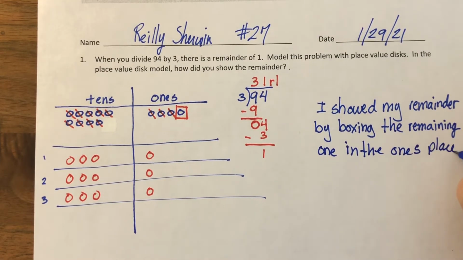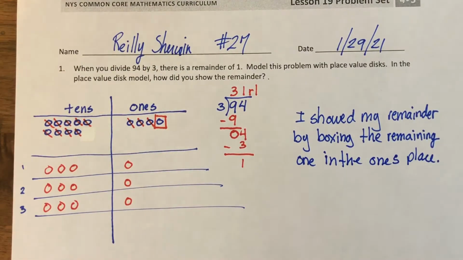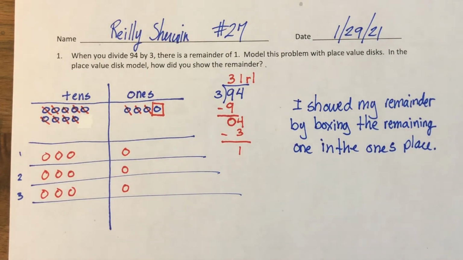There. Now the reason why I use a box here, not a circle, is because we're using disks, and to circle a disk seems redundant to me. So I put in boxes instead, okay? And that's it. We just showed, we proved what a remainder is right there, okay?